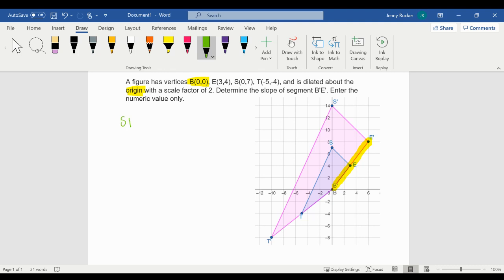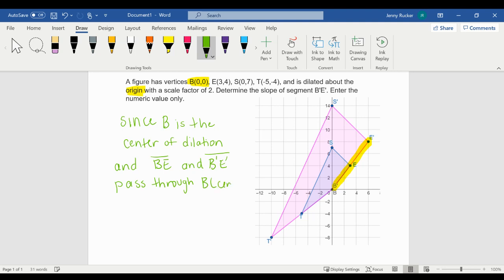So since B is the center of dilation, and segments BE and B prime E prime pass through B, the center, we know that they will be collinear.